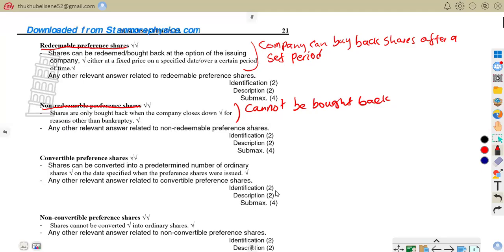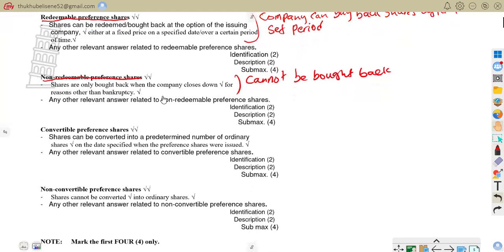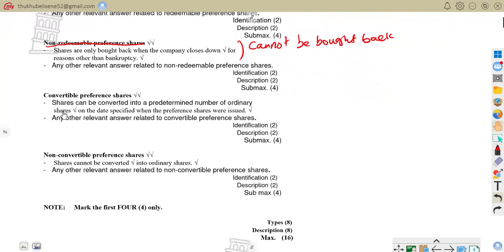So now let us move on to another type of shares, whereby now we have to talk about convertible preference shares. With convertible shares, that is where we're saying shares can be converted into ordinary shares after a time.